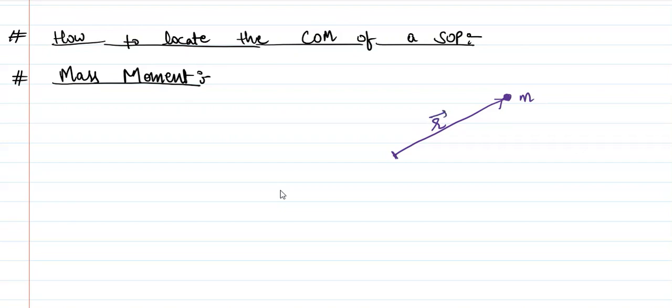Suppose this point is O, from where I am measuring the distance of the particle, and it is r vector. I am always going to find the mass moment with the help of a reference point. Without a reference point, I will not be able to calculate the mass moment of any particle. That means at first I need to choose the reference point.